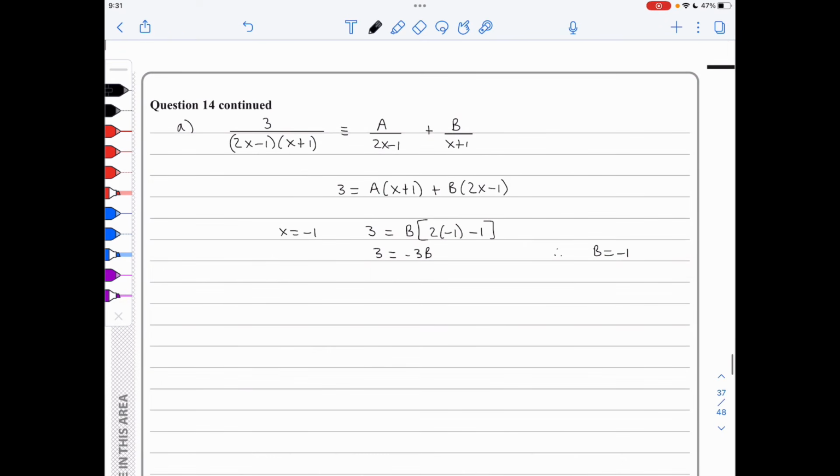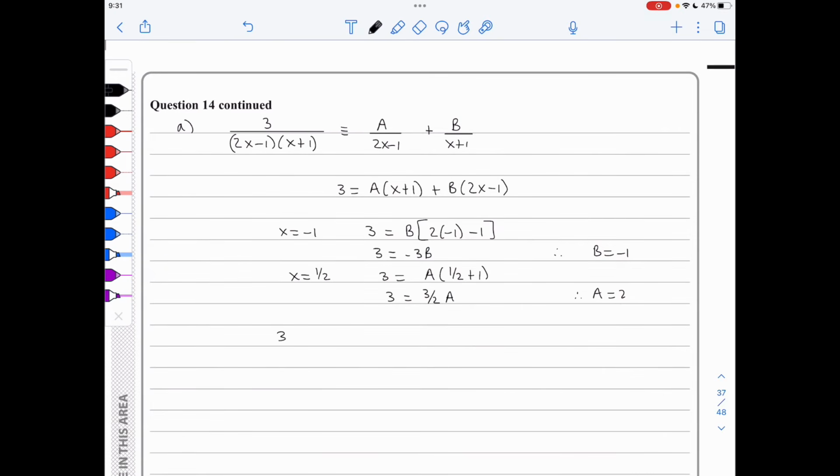I will proceed by setting x to be a half, and I get 3 is A times (a half plus 1). The 2x - 1 is now 0, so B is eliminated. So we have that 3 is 3 over 2 A, and therefore we conclude that A is 2.